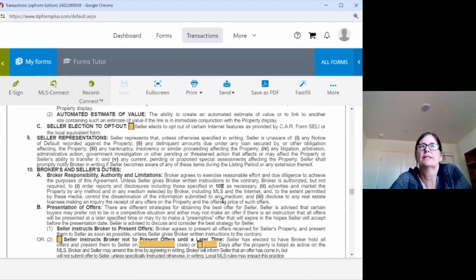There's an extension of time addendum, and you can have your seller sign that, and then that would basically change the date of when the listing goes active. But you definitely want to have them sign it though.